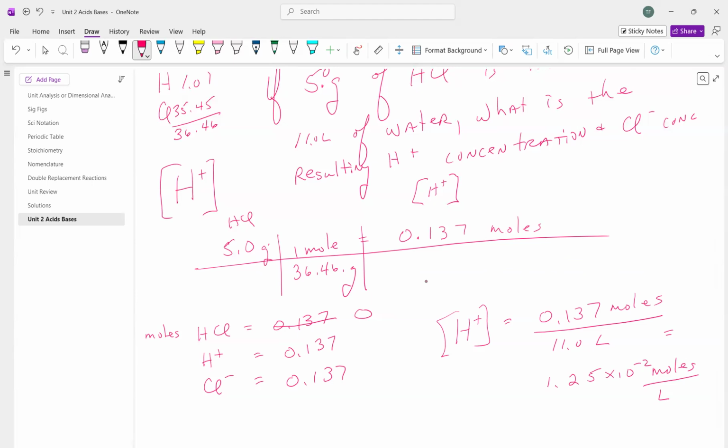Now that is also equal to the concentration of Cl, because it's 1 to 1. However many H's you got, that's how many chlorides you got.